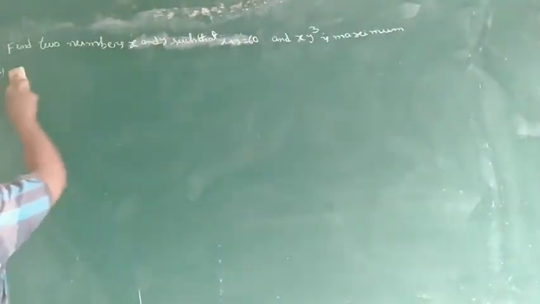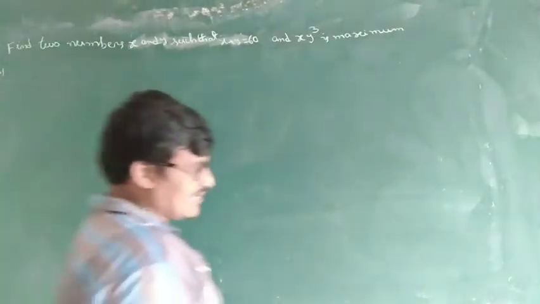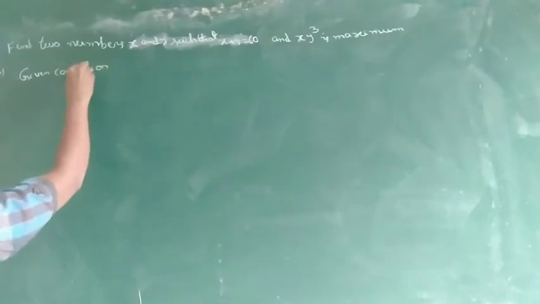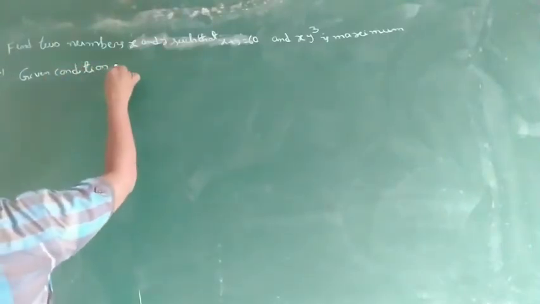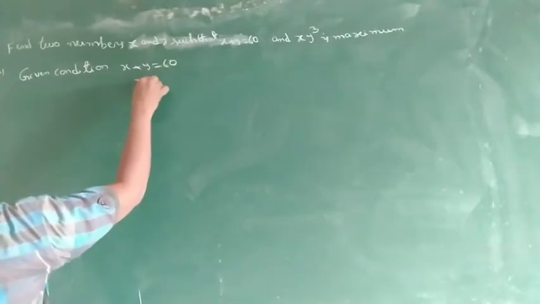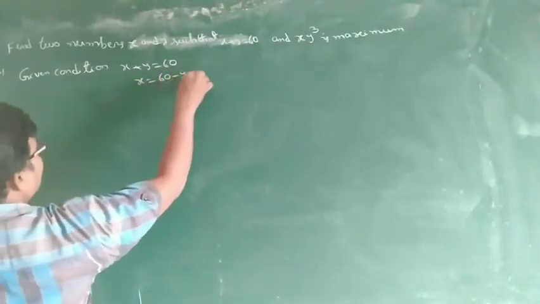So x and y are directly given, and it is not necessary to let x and y again, because they are already given. What is the given condition? x plus y is equal to 60, so x is equal to 60 minus y.